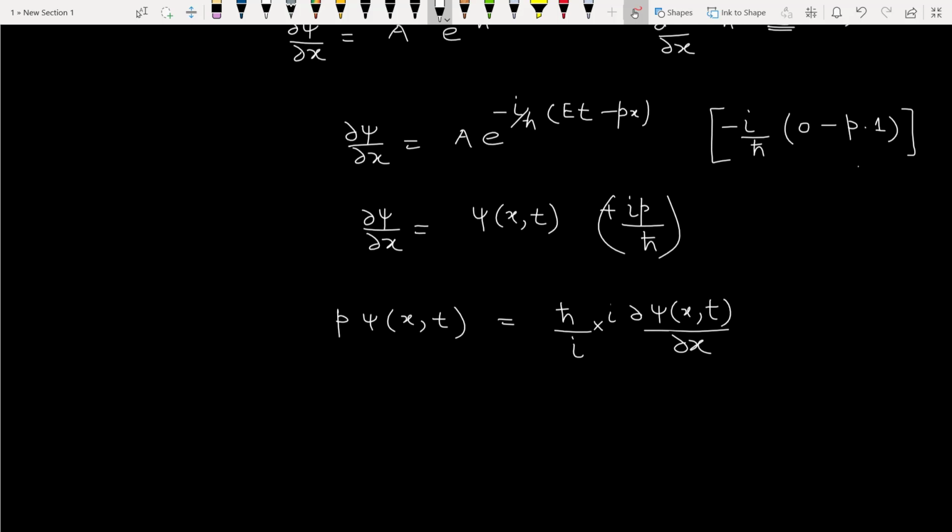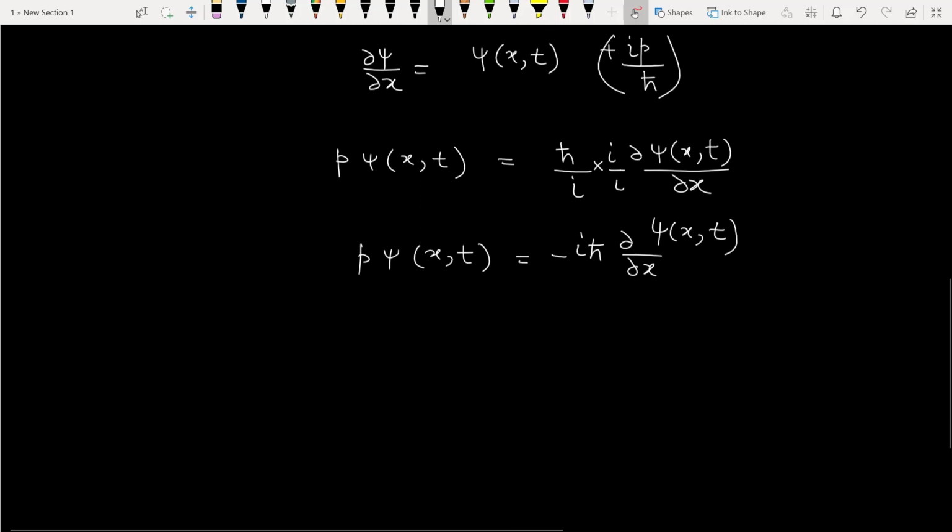If we multiply and divide by iota, iota square in the denominator is minus 1, giving minus iota h cut ∂/∂x of ψ(x,t). So this is the momentum operator.